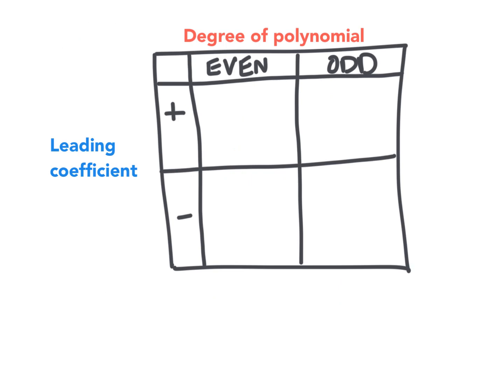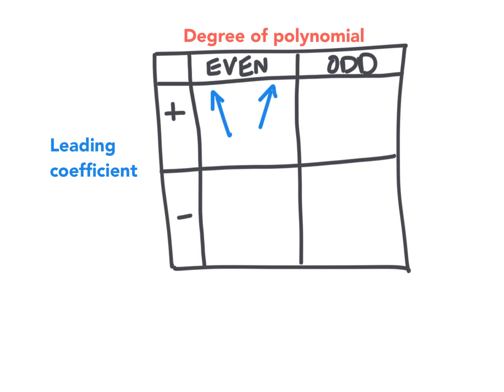Another way you can tell end behavior just by looking at a function is by looking at the degree of the polynomial and the leading coefficient. I'm not going to write this in the limit notation like it has been, but you can get the picture. If the degree of the polynomial is even, then the tails like to end the same. So if they're positive, the tails will both end up.